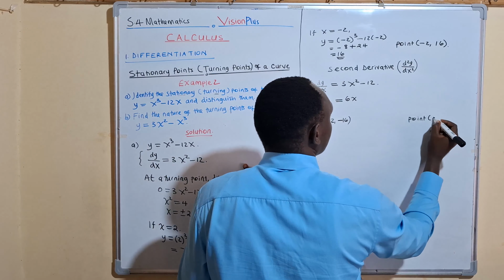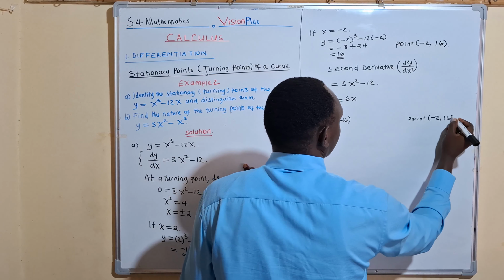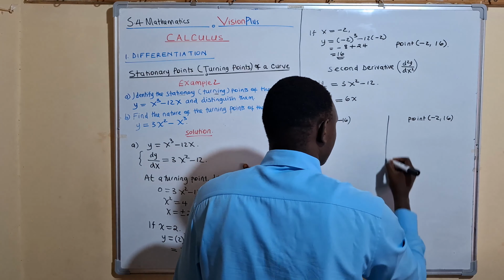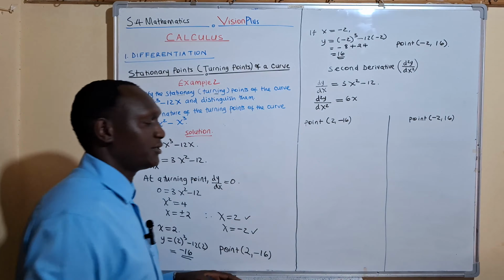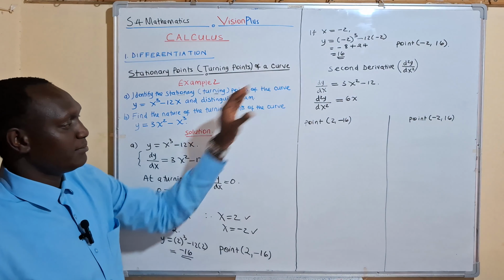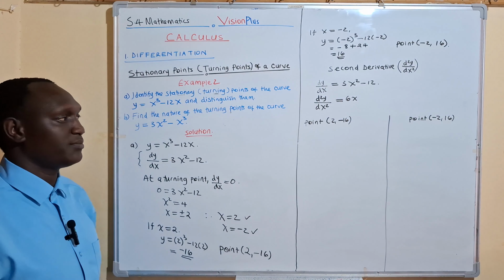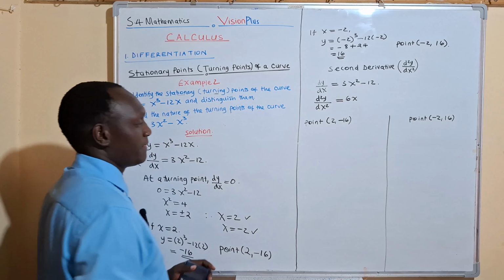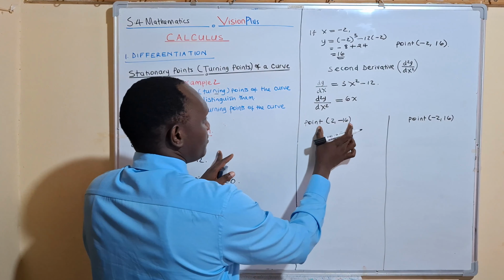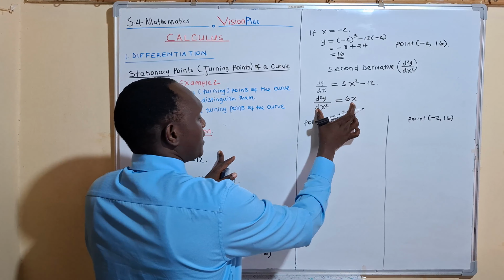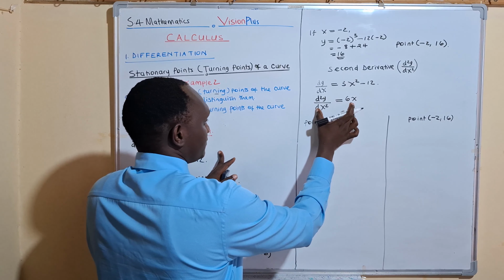The second point is negative 2 and 16. Let me partition this. In your working, you can test one point and then continue with the next, but I don't have space. To test for this point, we use the second derivative.